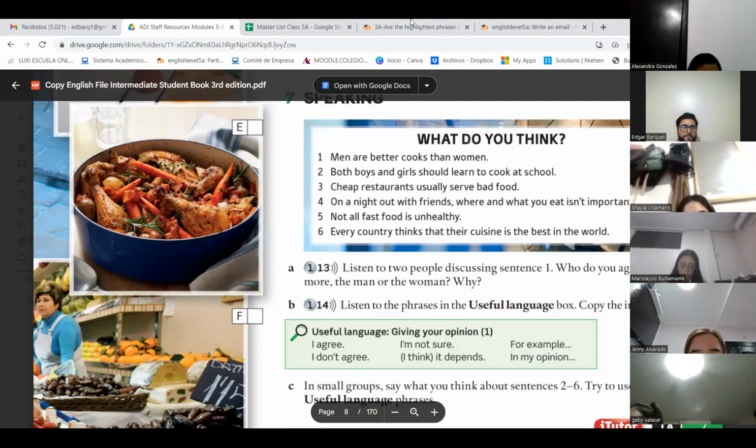First, men are better cooks than women. I don't know. I can't give you my opinion because I cannot cook. I don't know how to do anything in the kitchen. Well, in your experience, then, women are better cooks than men. In my experience, women are better than men in cooking. All right, Mr. Oscar, thank you.